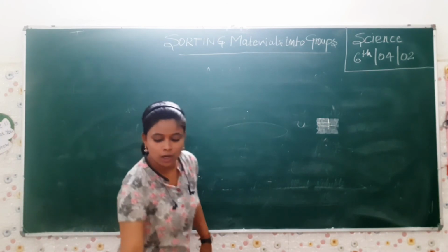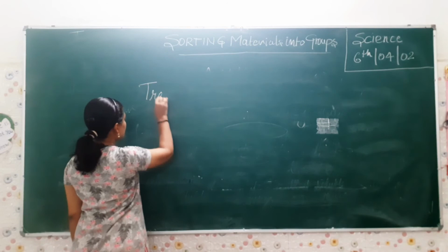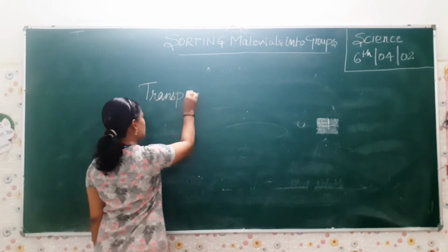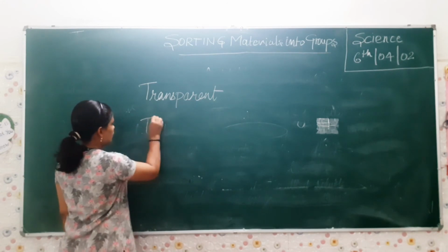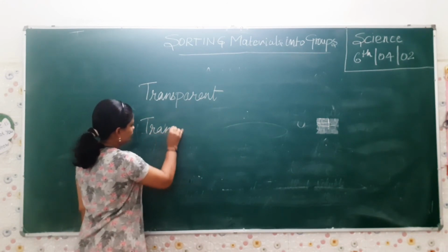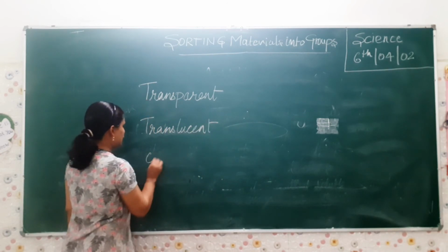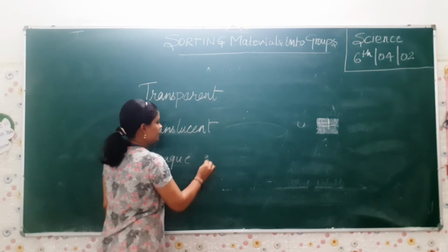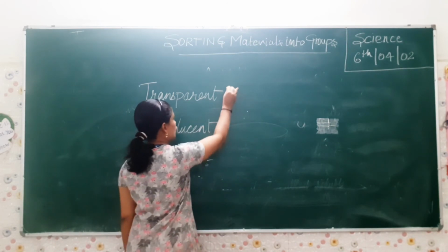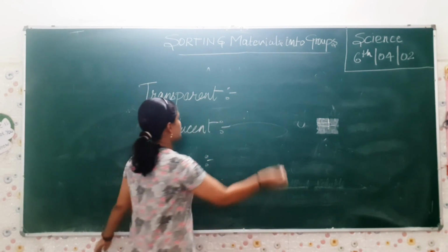Now, what are transparent objects? Transparent, then translucent, last we have opaque. Fine beta? These three types of objects are there. Now what is transparent? We have just discussed.